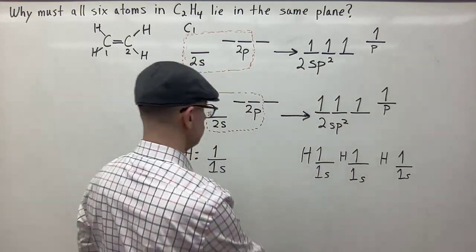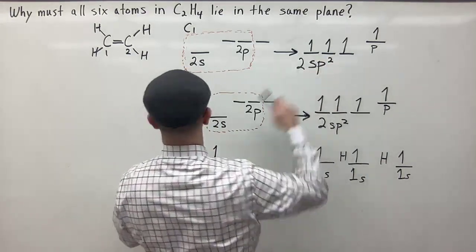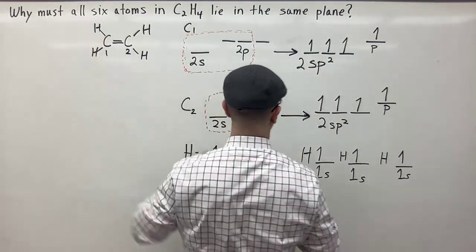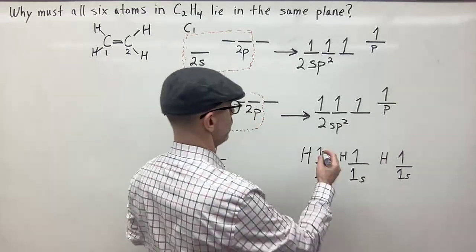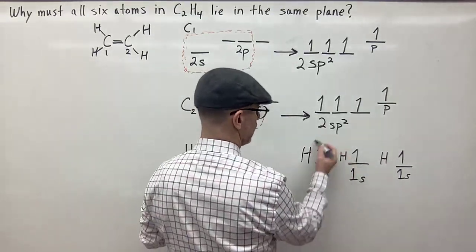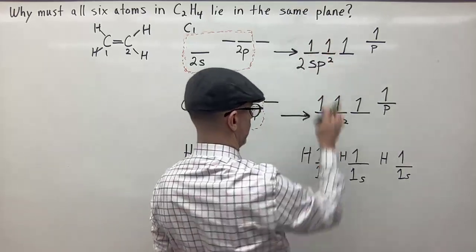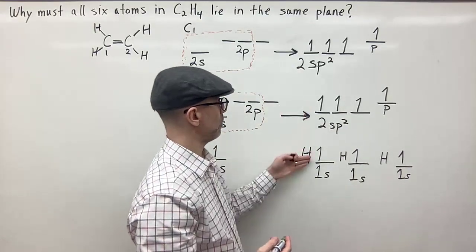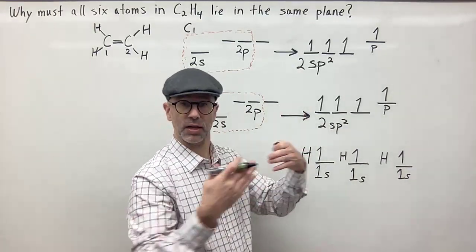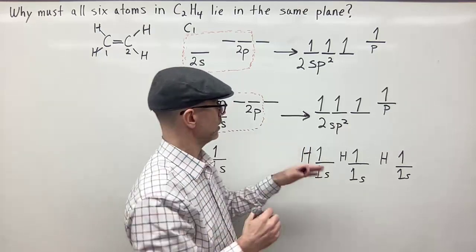And so what's going to happen is, carbon number 1 has two hydrogens bonded to it. So you can take this electron here, pair it with that electron, so this orbital and this orbital will overlap. That'll create a sigma bond, because that overlap is along the axis between the two atoms.